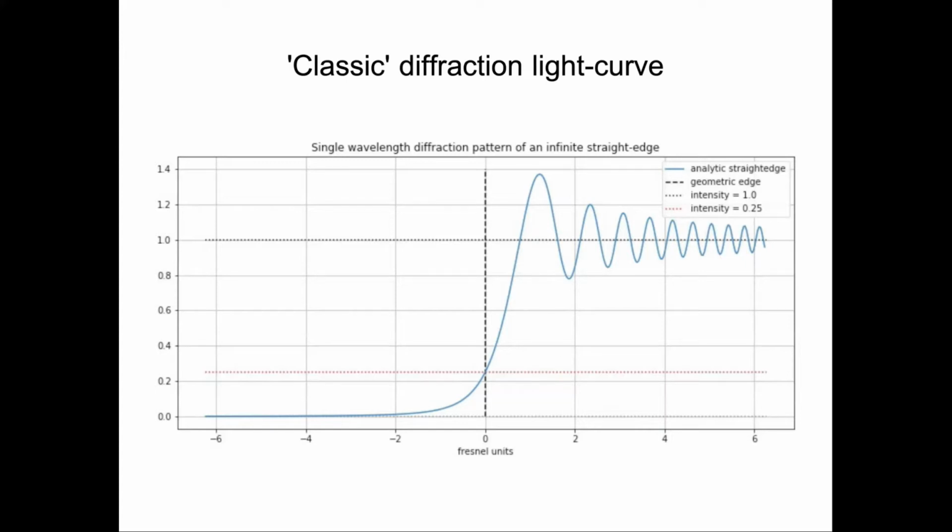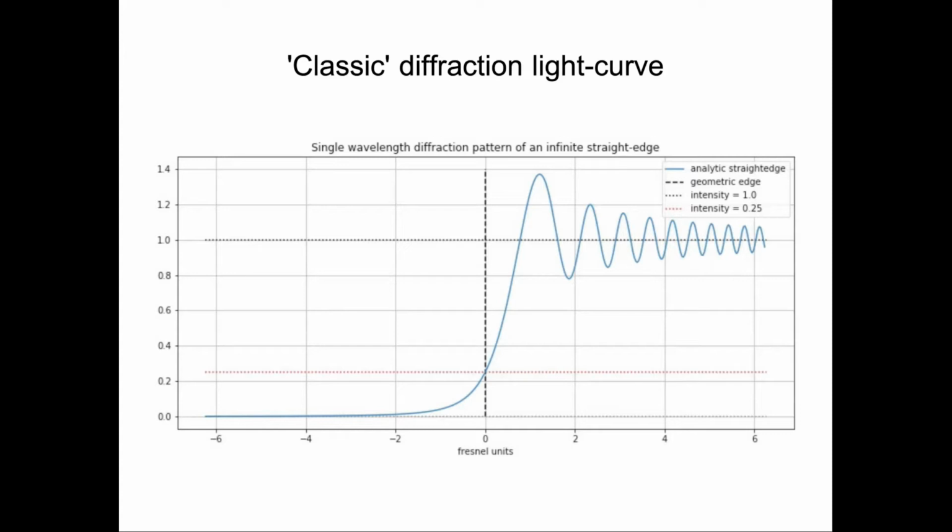Now, of course, none of the assumptions behind this plot are actually present in a real occultation. So it's natural to ask whether this matters, and that's one of the questions that I will address in this talk.